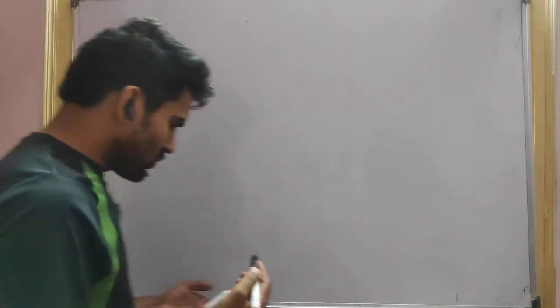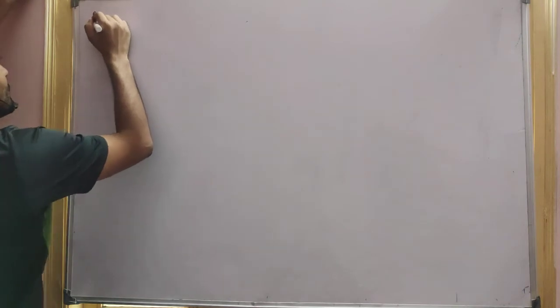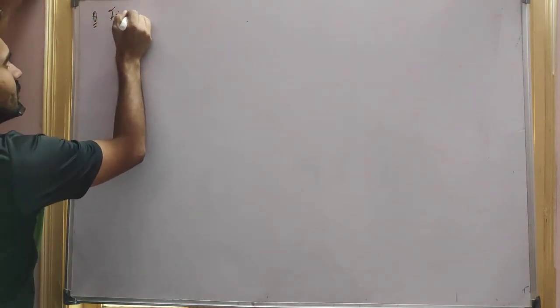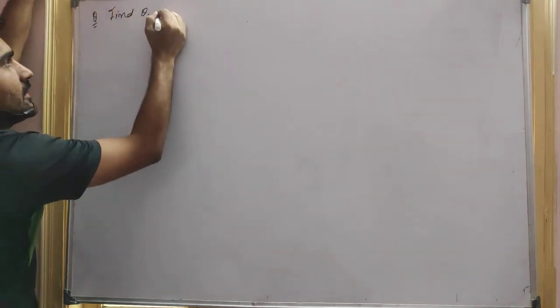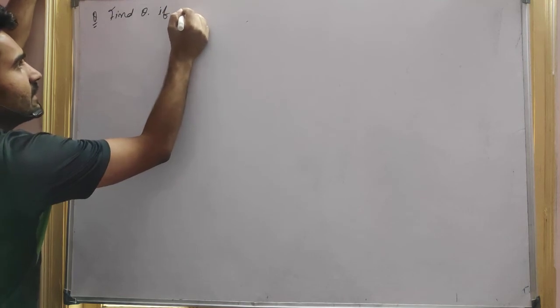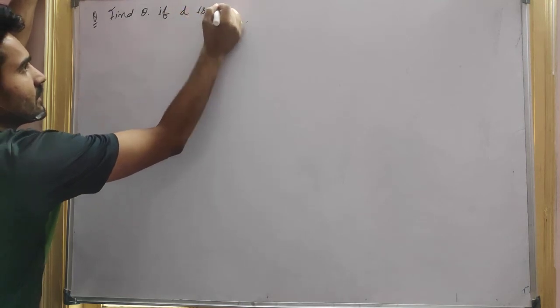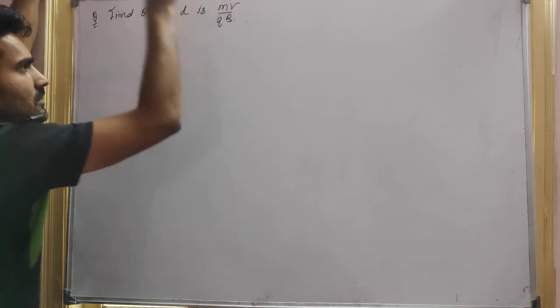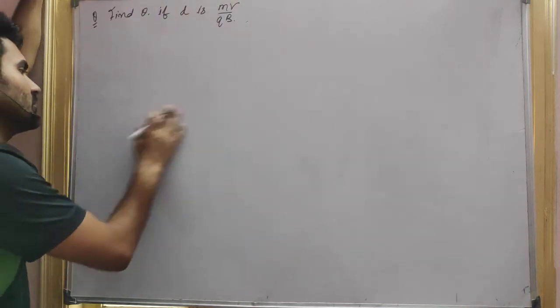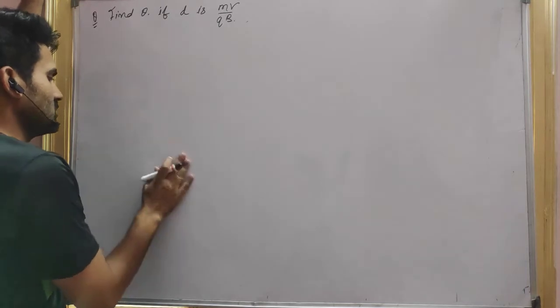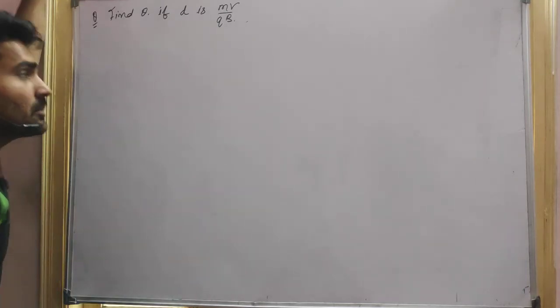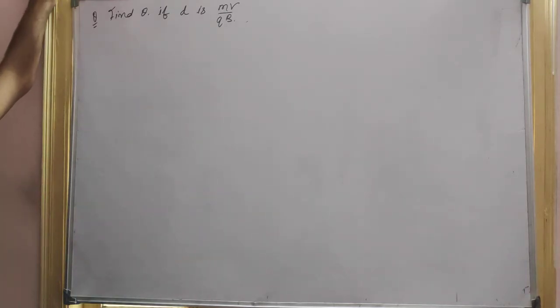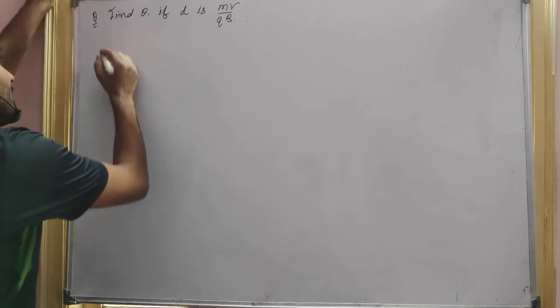So I'll give you one question. Just try this. Find theta if d is mv by qb. So what is mv by qb? Do you remember, guys? I think it is the radius, right?